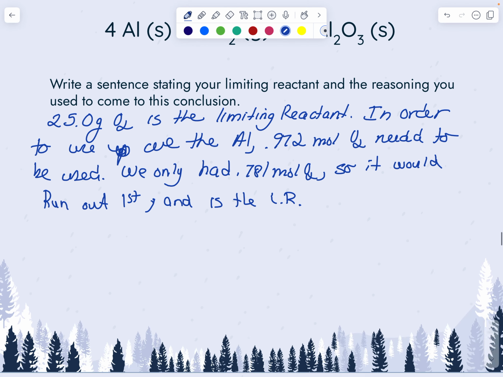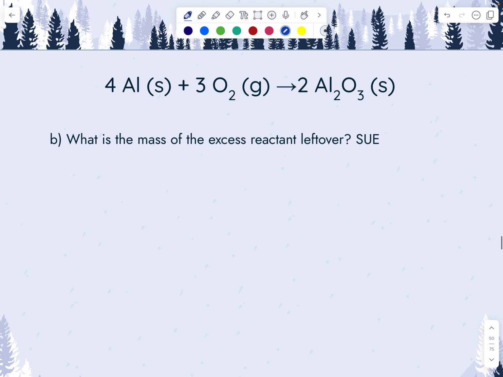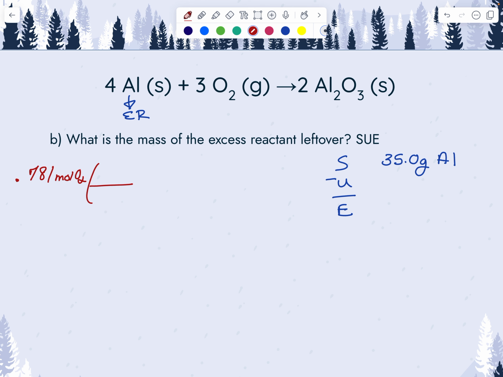Okay, if oxygen's the limiting reactant, that must mean that the aluminum is the excess reactant. How much aluminum did I start with? I started with 35.0 grams. How much did I use? I've got to figure that out. I always go back to starting with my limiting reactant, 0.781 moles of oxygen.